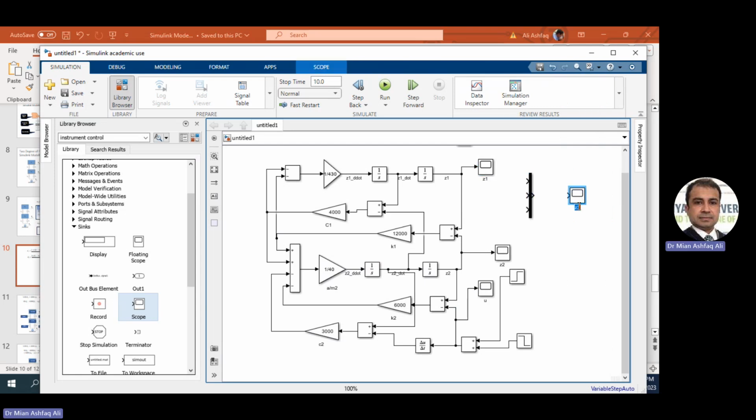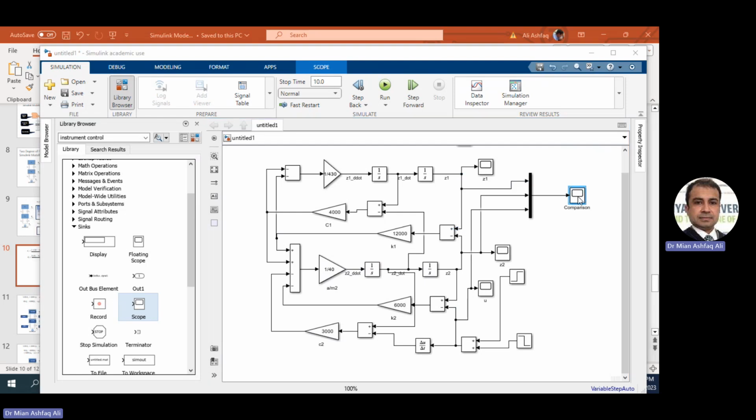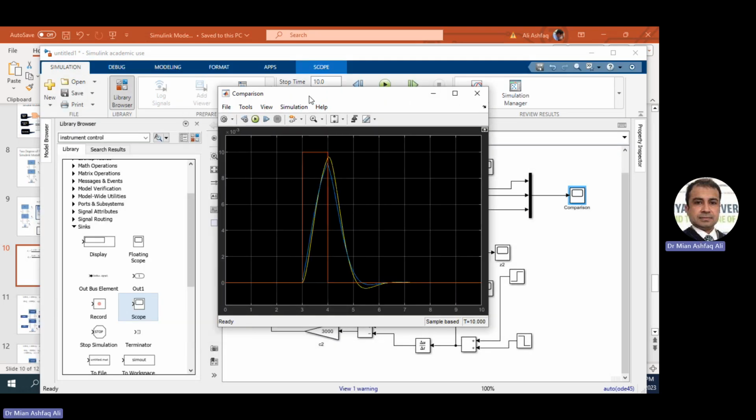So I can see a comparison, and this comparison will actually get this road profile data, the data for M2, the data for M1. And so we have all the system parameters, we have coupled those equations, and if we double click this scope and we run this simulation, so we get this result actually.